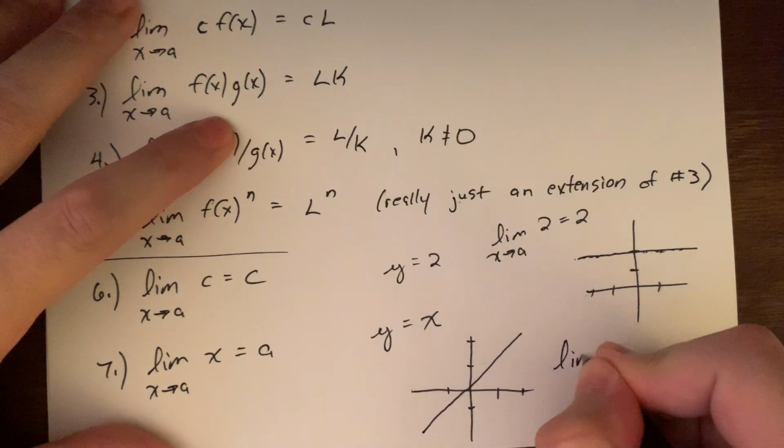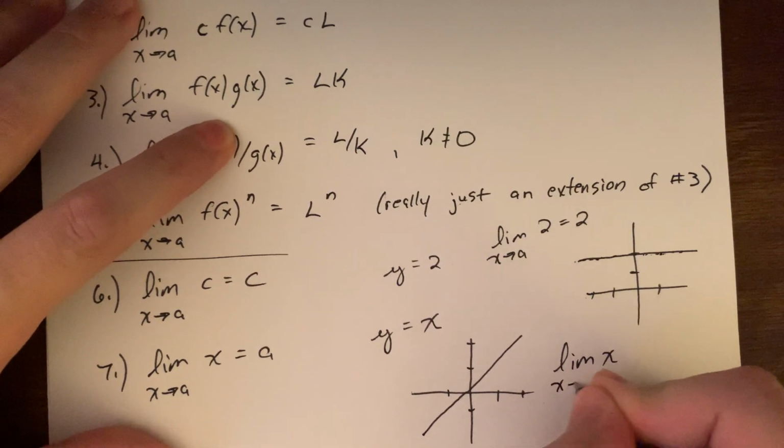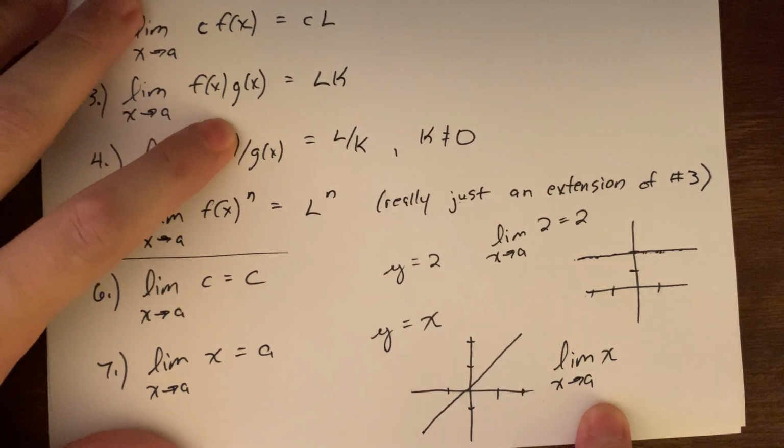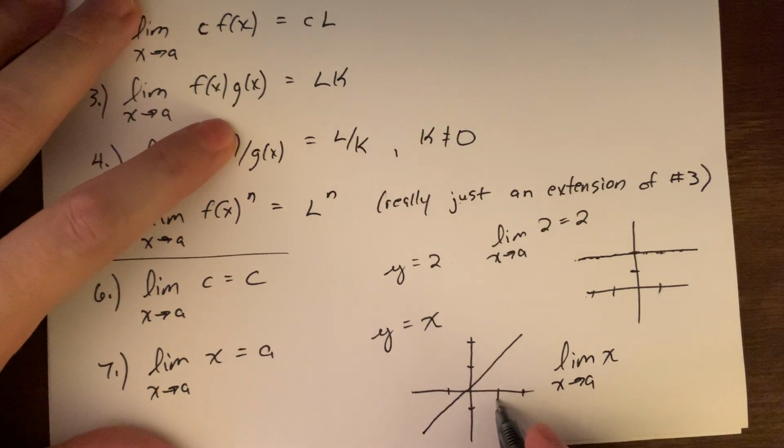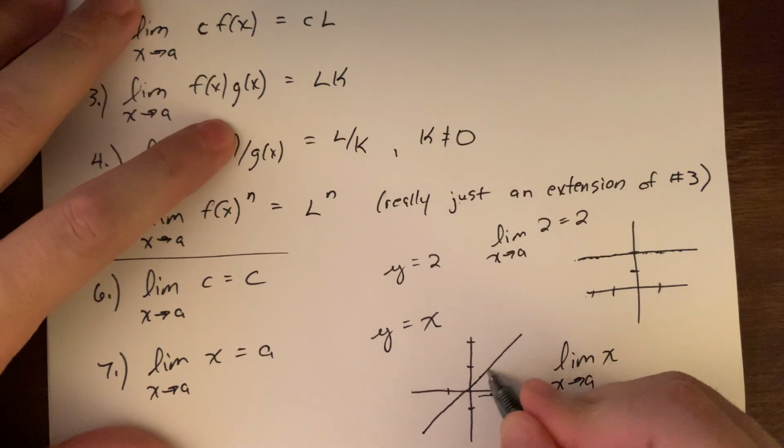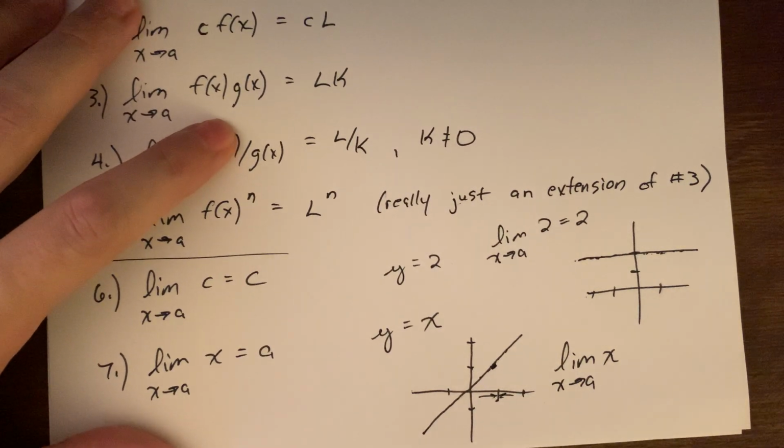So now, once again, let's think about a generic a. And if I start off by letting a be 1, as x approaches 1, so from the left, from the right, these points, coming together at that same value 1.